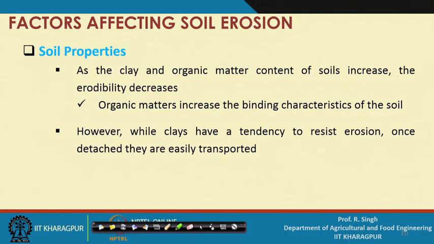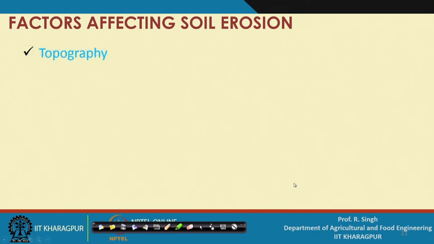However, clays have a tendency to resist erosion. Once detached, they are easily transported. That is simply because of the size, because we have already seen that detachability is less for smaller particles, but transportability is more for such particles. So, because clay is smaller in size, detachability is difficult, but it can be easily transported.